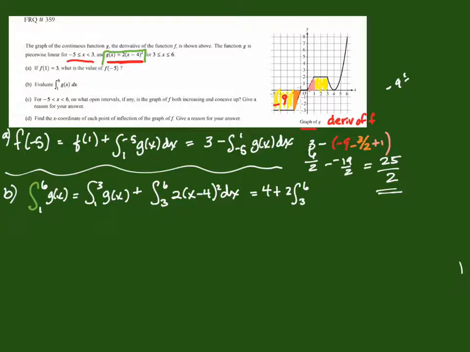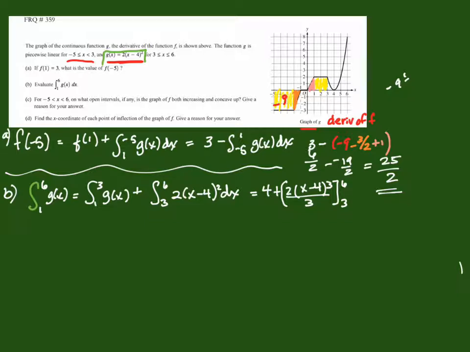That would be (x minus 4) to the third power over 3, from 3 to 6.